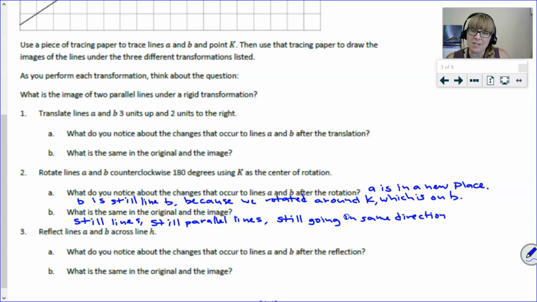And that also means that they are still the same distance apart. All important things to know about rotating those lines.